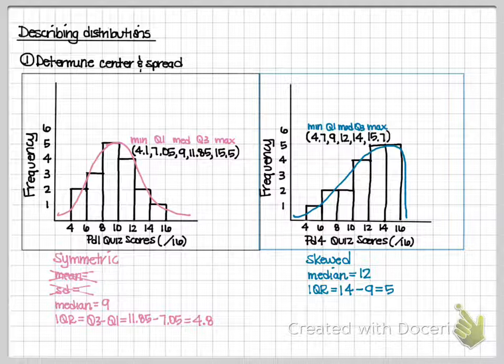So now, once I take a look at these, I can actually do a little bit of explanation. Comparing the medians, it looks like the blue scores actually had a higher center. So I would say that period 4 has a higher center than period 1.